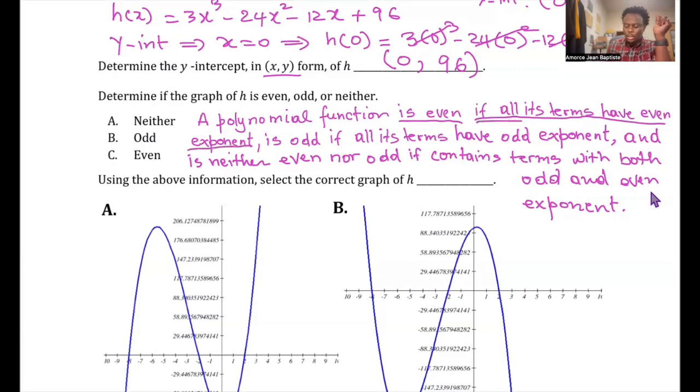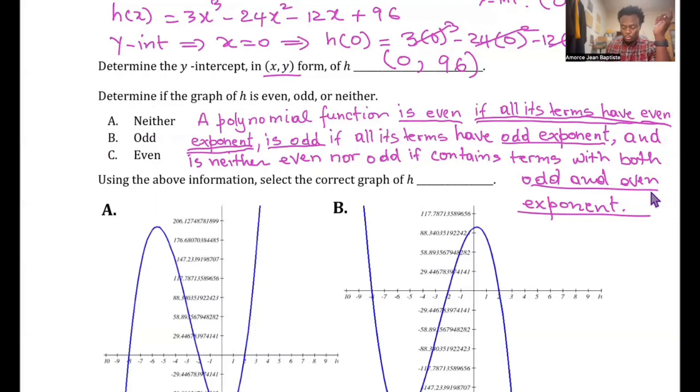So if all the terms of this polynomial function have even exponents, this polynomial function is even. Or it is odd if the terms have all odd exponents. And if you have mixed exponents, odd and even, then you have a polynomial that is neither odd nor even.